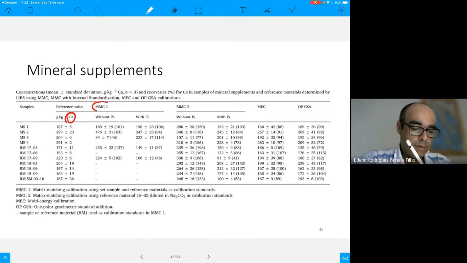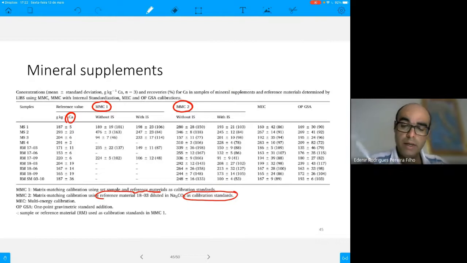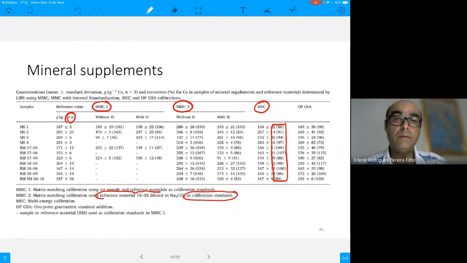In the first case, we performed a matrix-matching calibration using reference materials, a matrix-matching calibration using reference samples, and multi-energy calibration. We can see that the recovery, the trueness values, were very good for multi-energy calibration when compared to the other strategies.